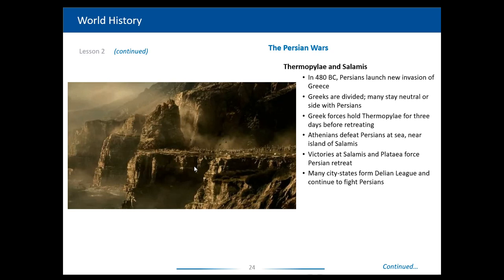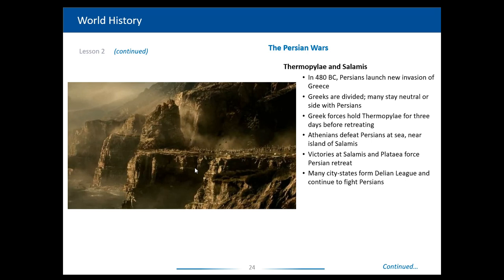Thermopylae and Salamis: in 480 BC, the Persians launch a new invasion of Greece, and the Greeks are divided. Many stay neutral or side with the Persians, and the Greek forces hold Thermopylae for 3 days before retreating.